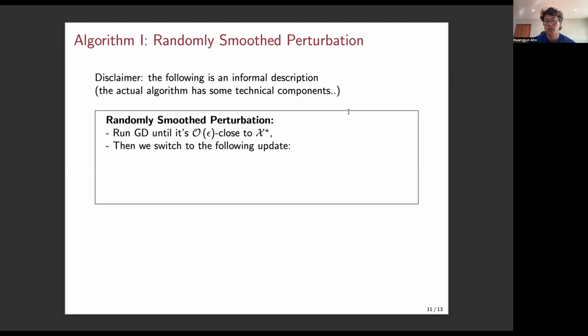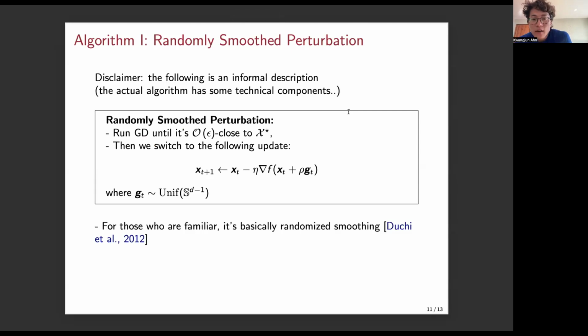And then we switch to the following update rule, where instead of following the negative direction of the gradient, we actually follow the negative direction of the gradient computed at xt plus rho times gt, where rho is a perturbation radius and gt is just a random unit vector.